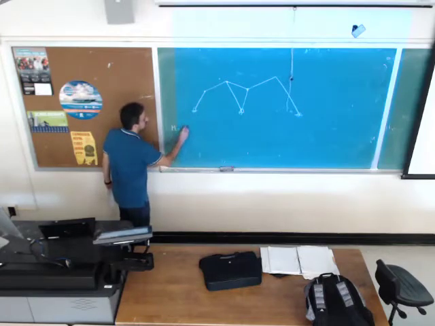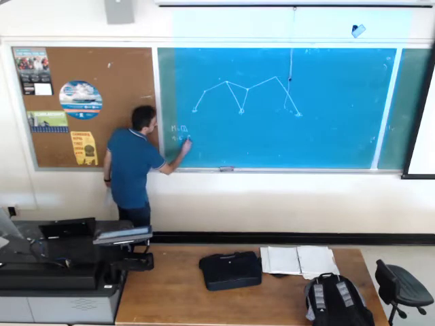N for this one is 6, F1 equals 6, so 1 degree of freedom.